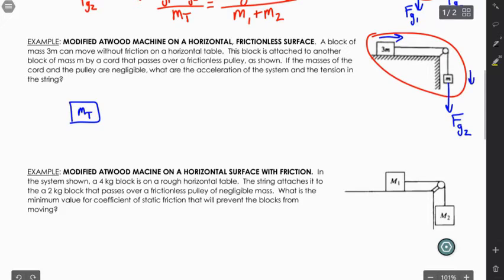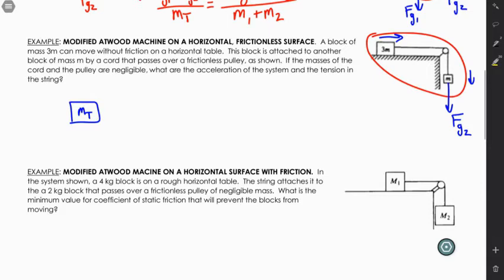Okay? Now, I do want to point out here, the 3M block wants to go this way, right? The M block wants to go down, but understand this, that motion is horizontal. I know it's weird. Caleb did it, right? Free body diagram, or here's my coordinate system.